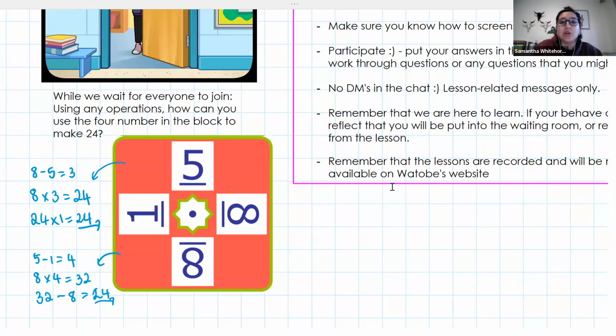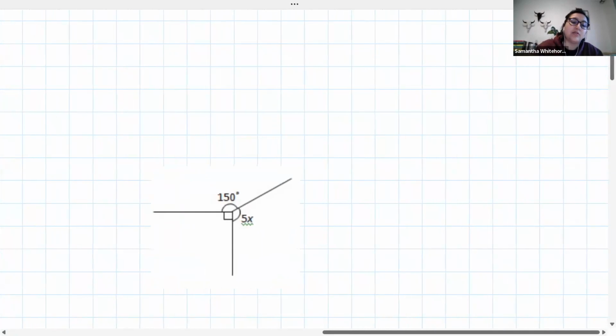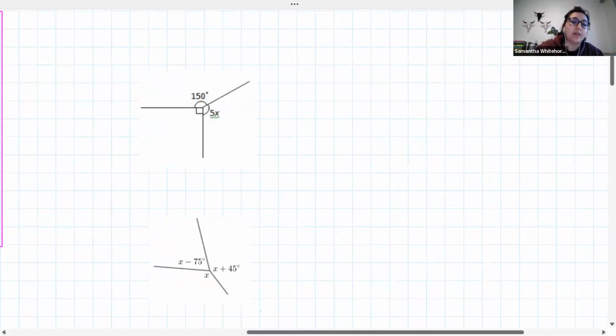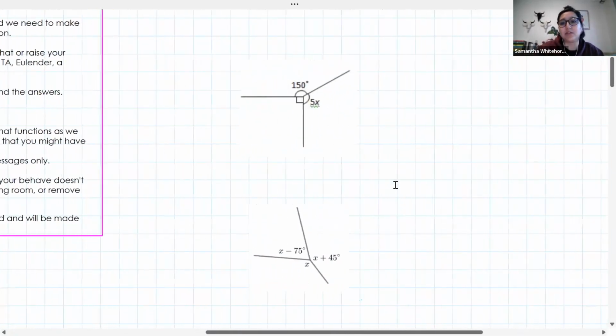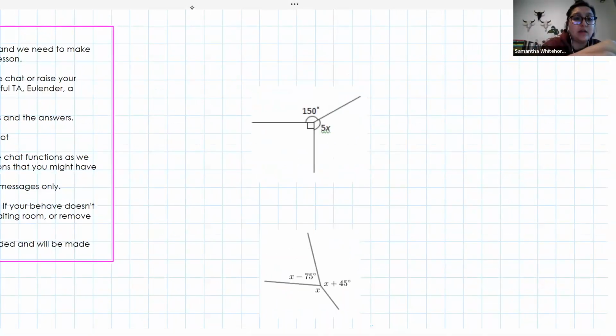Okay, so what we have done so far is we've looked at one geometric reason, which I'm going to recap for us in a second on the side here. We've learned one geometric reason so far, the reason that we learned on Monday.